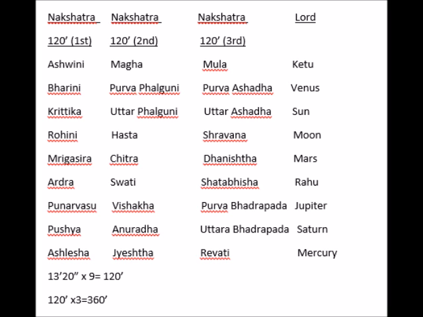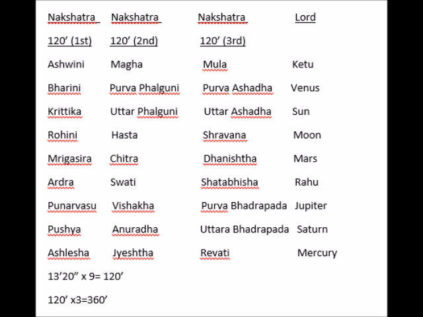If you look at the first column on the screen, you will see Ashwini, Bharani, Krittika, Rohini, Mrigasira, Ardra, Punarvasu, Pushya, Ashlesha. These are the 9 nakshatras, and they cover a distance of 120 degrees, which constitutes 4 zodiac signs, so 4 rashis of 30 degrees each.